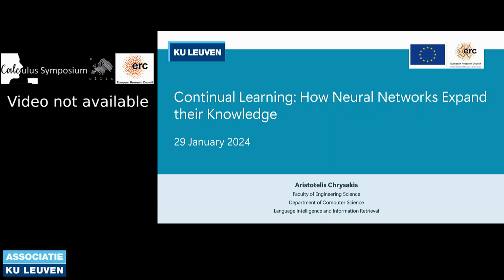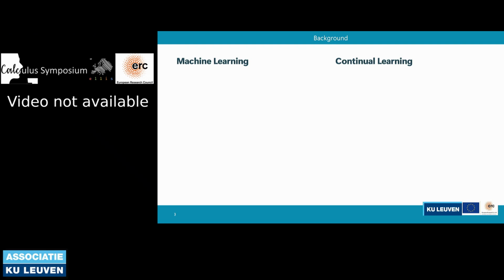Today I will talk to you about how neural networks can learn new concepts one after the other. We humans are very good at it, but with machine learning models, it's quite tricky. So let's start by introducing the concept of continual learning. To do that, I will try to contrast it with how machine learning takes place in a more traditional setting.